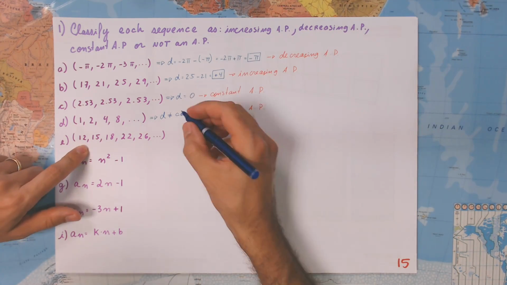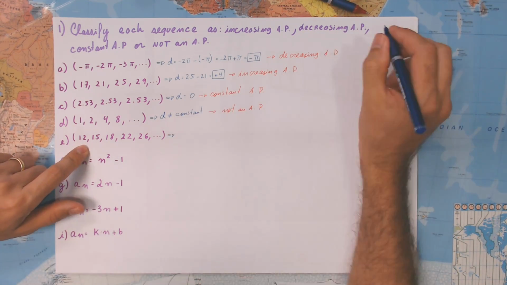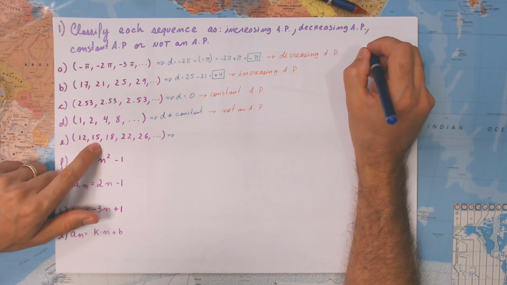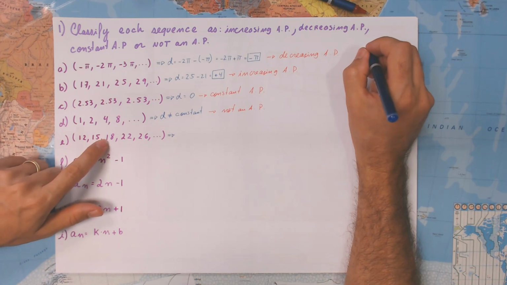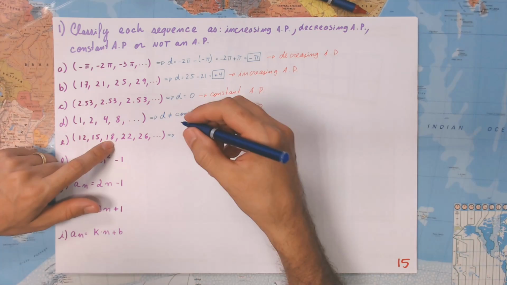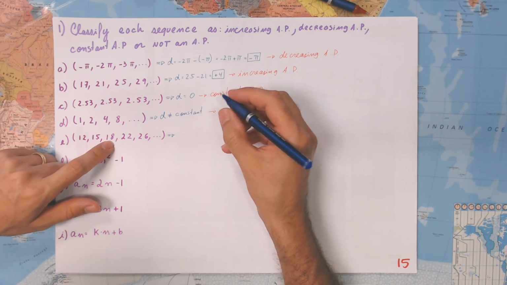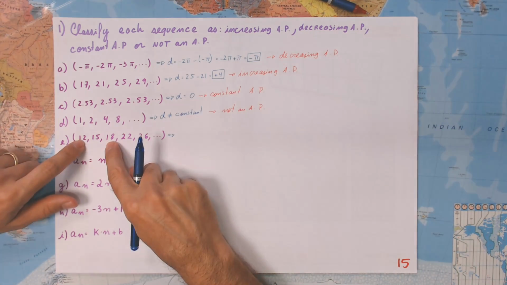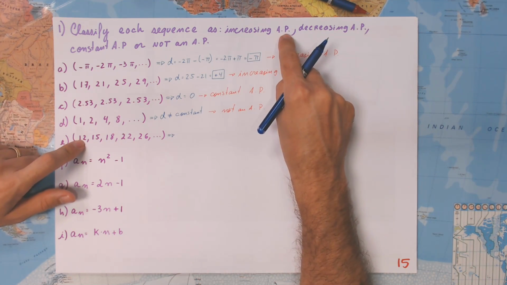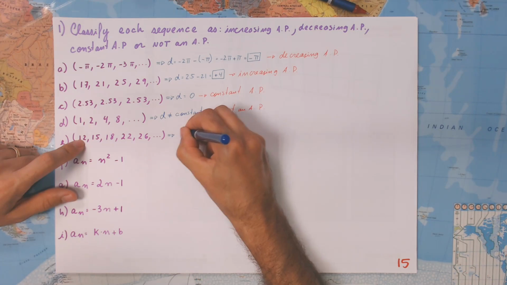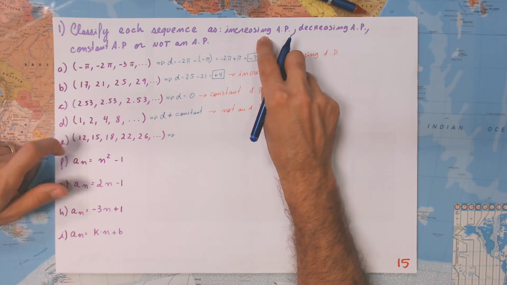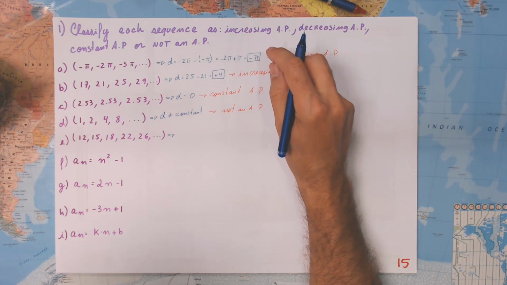Let's go for this one. 12, 15, plus 3, right? 15 to 18, plus 3 again, okay? And then you might say, okay, this is enough to say that D is a plus 3, then it is an increasing arithmetic progression. And just go D equals 3, and then arithmetic progression increasing type. Well, that's wrong. And why is it wrong?